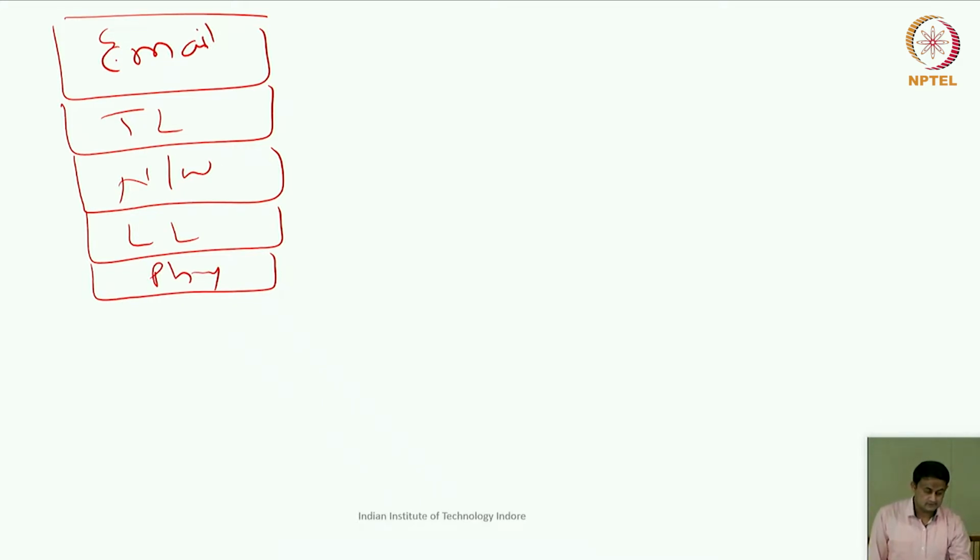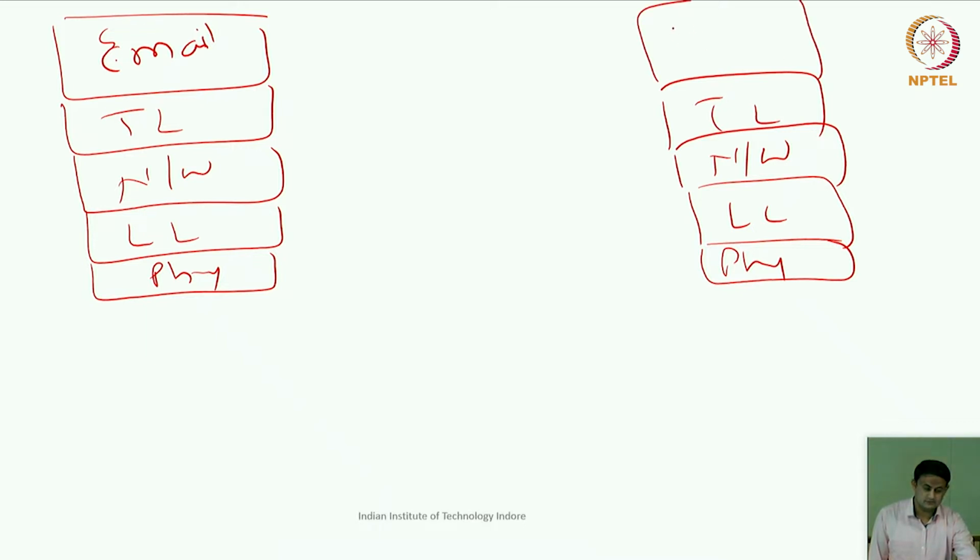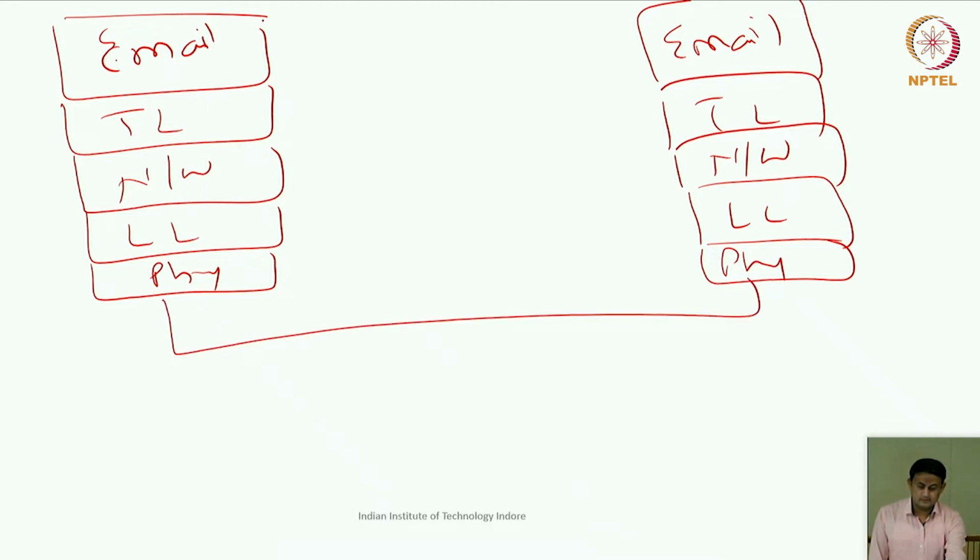On the other side you have a similar structure: the physical layer, the link layer, the network layer, the transport layer, and finally the application, which in this case is the email application. When I send an email from my system, it goes to the other end, where the intended recipient receives it, which is also an application.